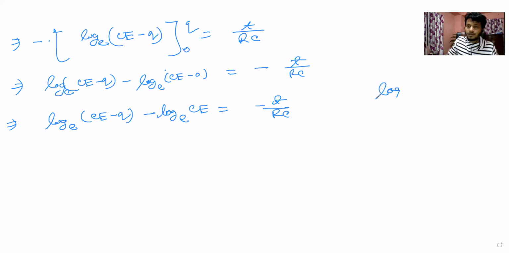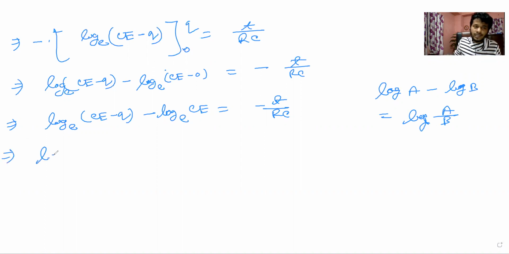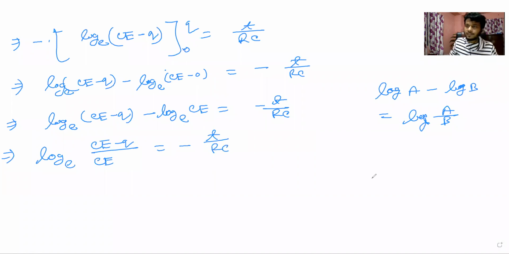And we know that log a minus log b equals to what? Log A by B. So we can write this term as log e of c minus q by ce, isn't it? Equals to minus t by rc, okay? Fine.